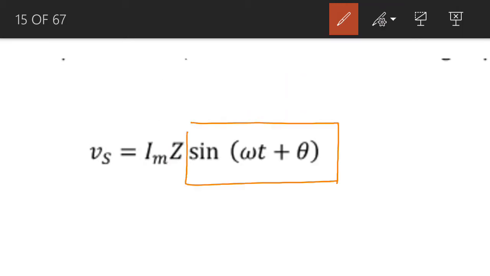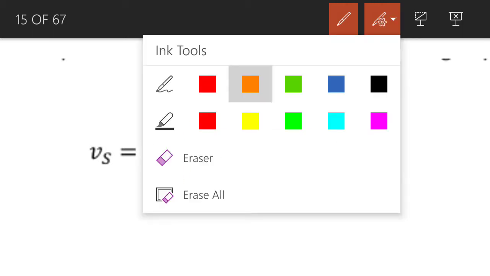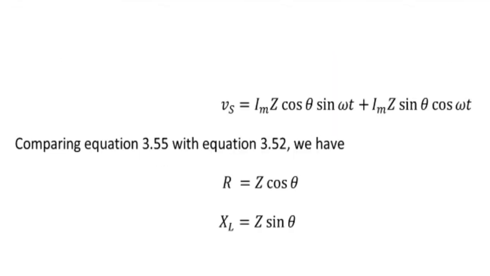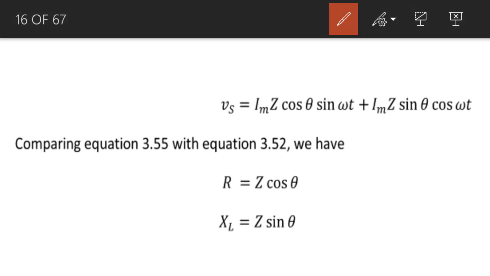If we expand this term, the voltage across the source will be equal to, so we expand sine of omega t plus theta. If we expand sine of omega t plus theta, we will get sine omega t cos theta plus cos omega t sine theta.